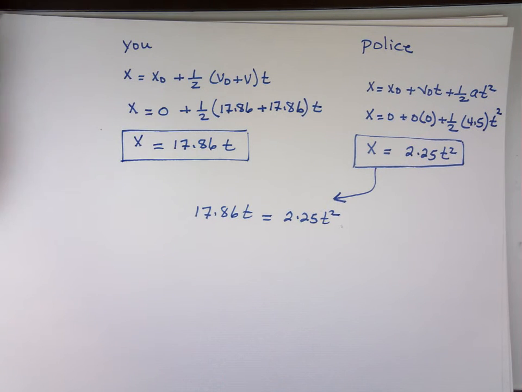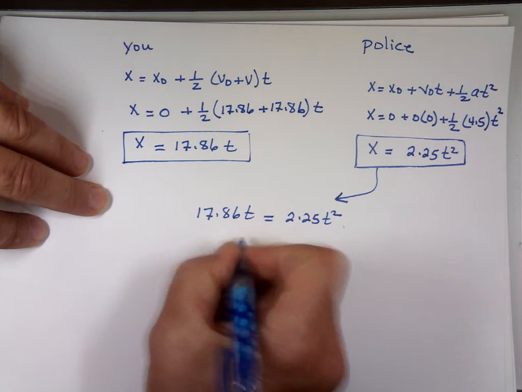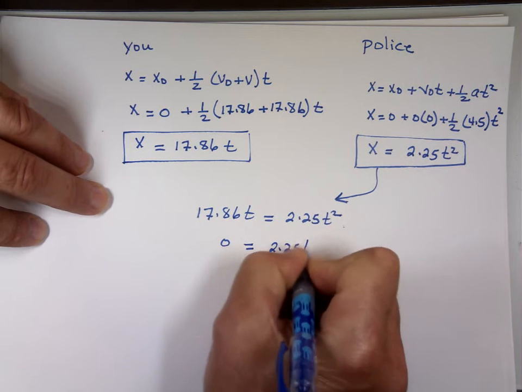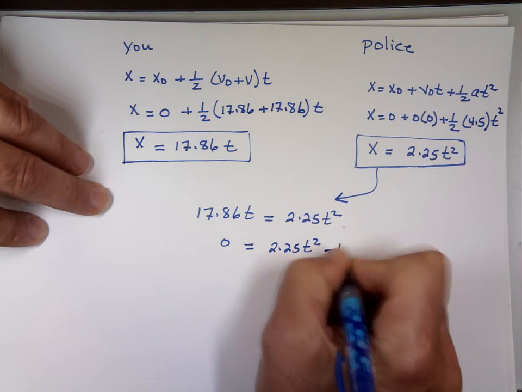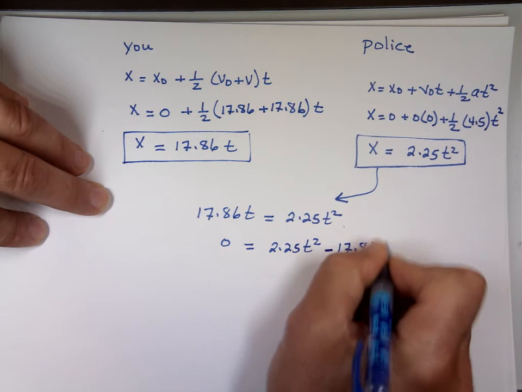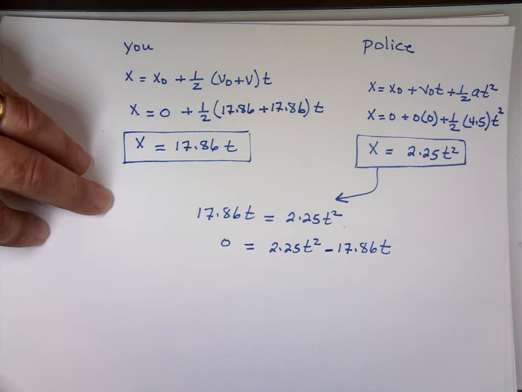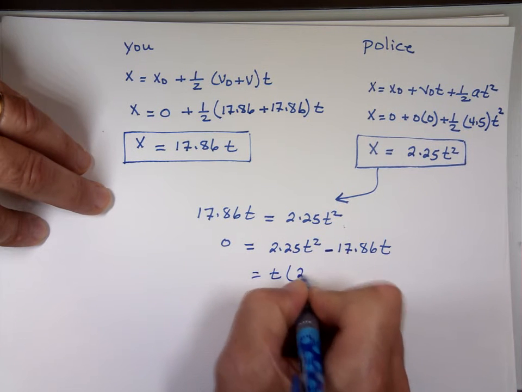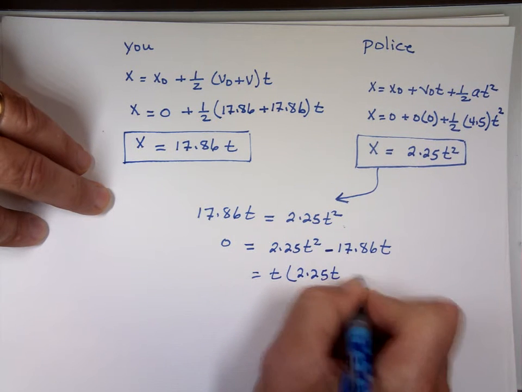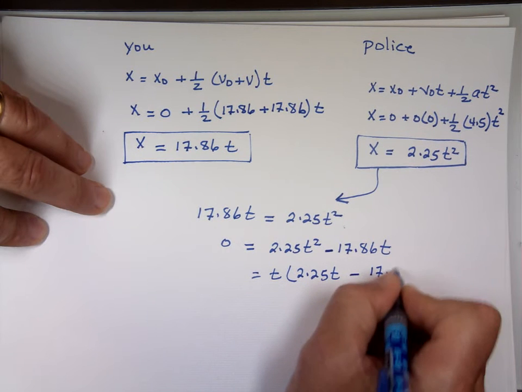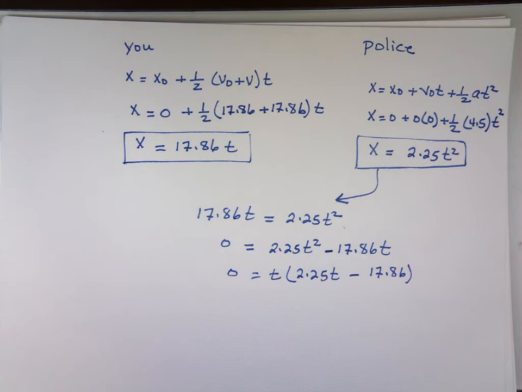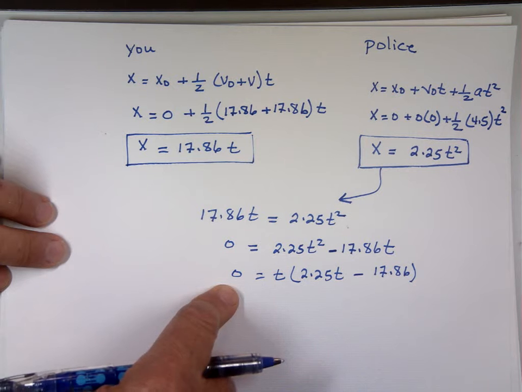We can move this term over and factor a t out. If you remember from math, when you multiply two things and the answer is 0, one of them has to be 0.